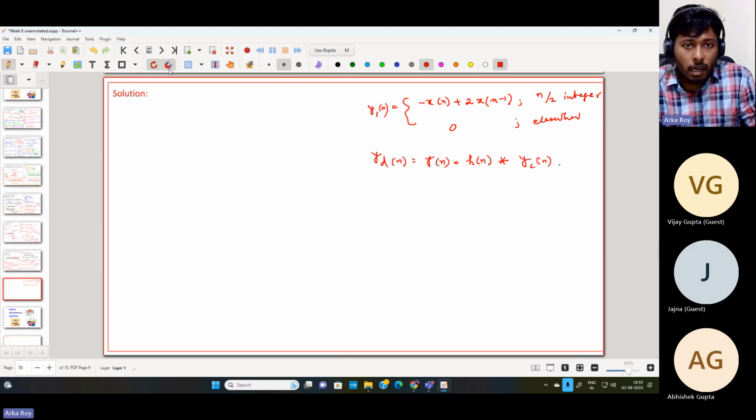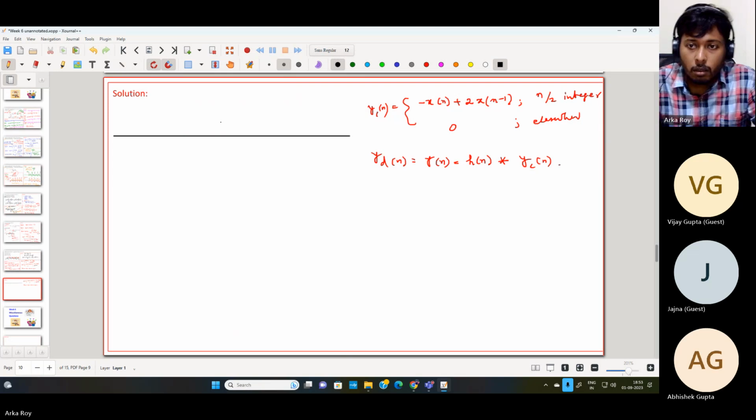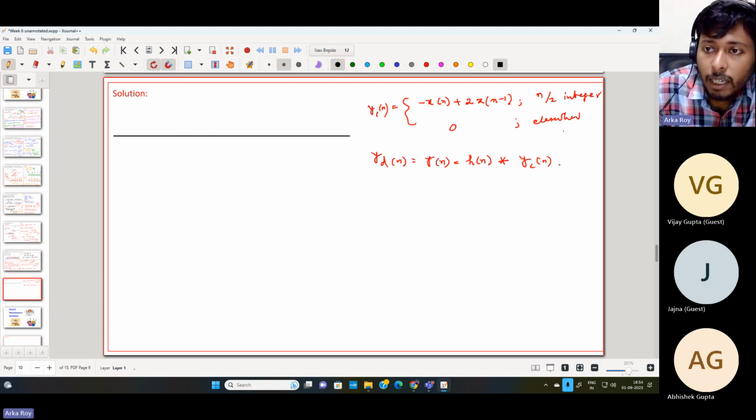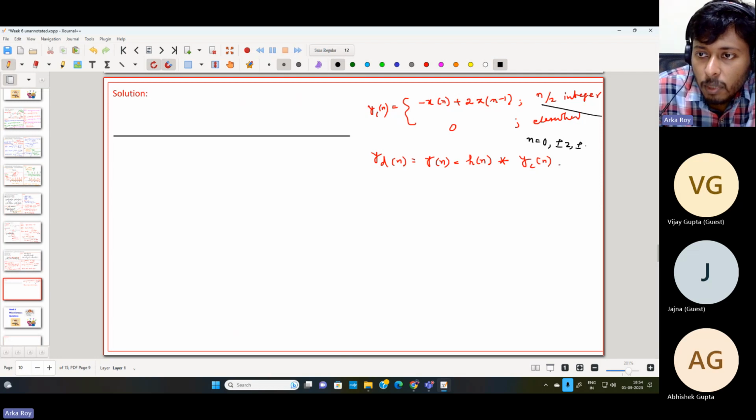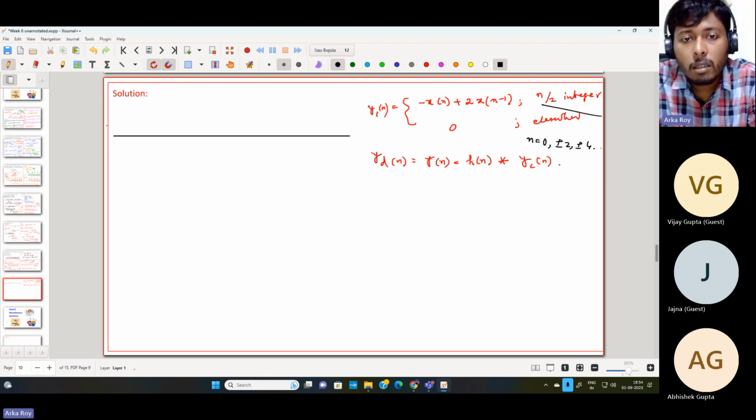Let's start drawing the sequences. So n by 2 integer means that n should be 0, plus minus 2, plus minus 4, likewise. So we'll start from the 0th location.